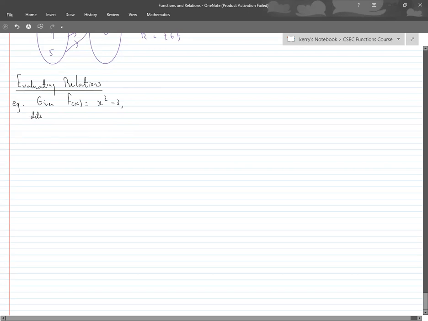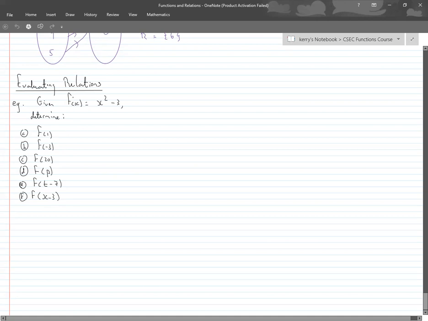They could tell us to determine, with parts: part A, f of 1; part B, f of negative 3; C, f of 20; D, let's go with f of p; and E, f of t minus 7; and the last one now, f of, let's go with x minus 3. All right, so let's see how we go into each one of these now.